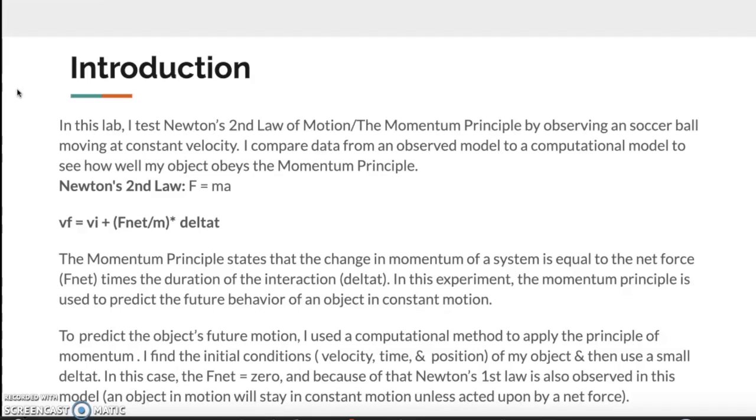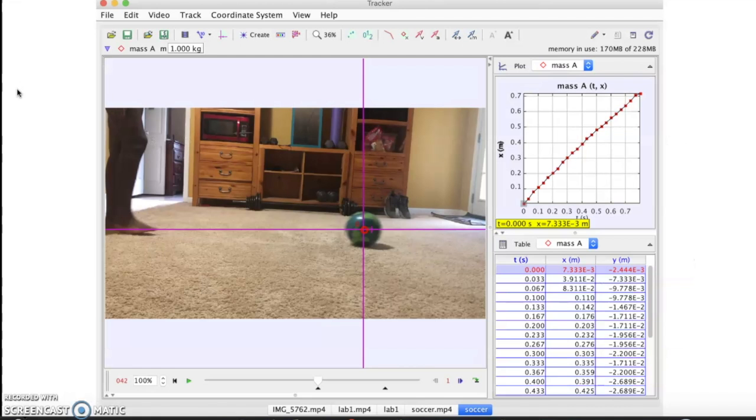To predict the object's future motion, I used a computational method to apply the principle of momentum. I find the initial conditions such as velocity, time, and position of my object, and then use a small delta t. In this case, the net force is equal to 0, and because of that, Newton's first law is also observed in this model, which states that an object in motion will stay in constant motion unless acted upon by a net force.